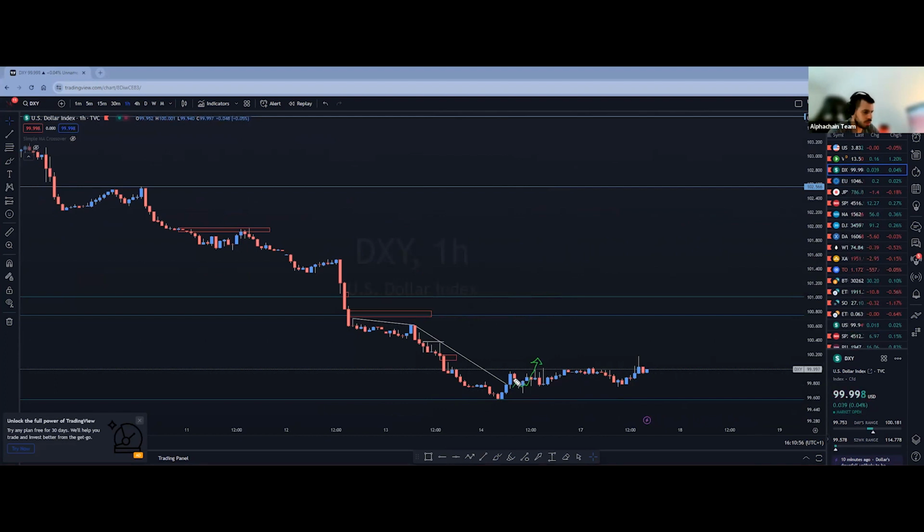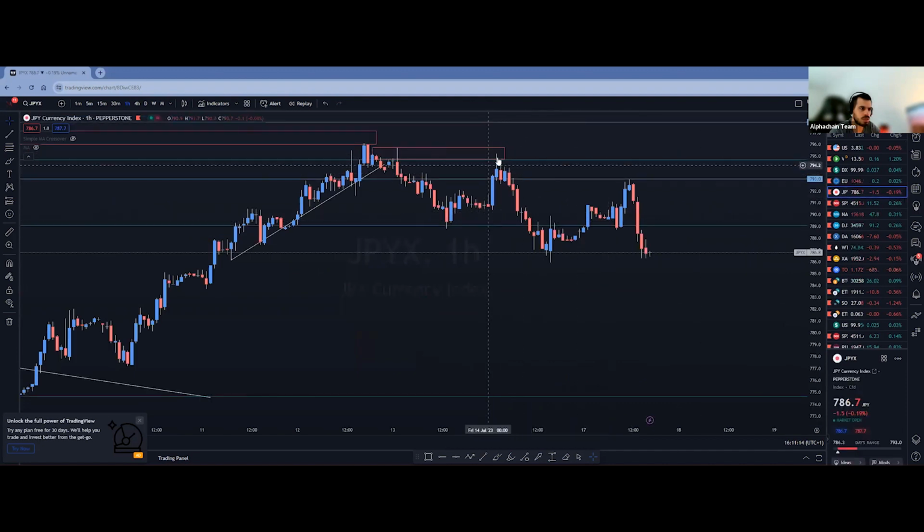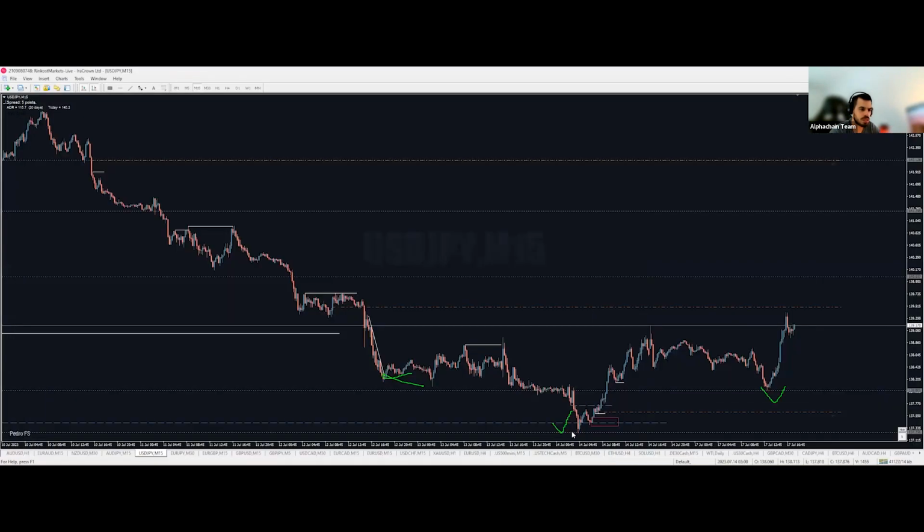So you can start using even this information from the dollar to start thinking about, okay, maybe we can start expecting some retracement on the dollar index, which, if I'm still looking for a potential move to the downside on the yen index, right? I'm still looking for a potential retracement here and a move to the downside. Now maybe it's the opportunity for me to look at the dollar yen and actually look for that long opportunity in here.